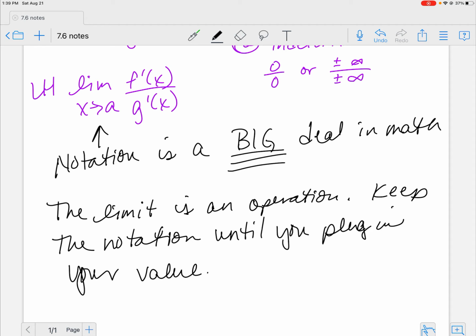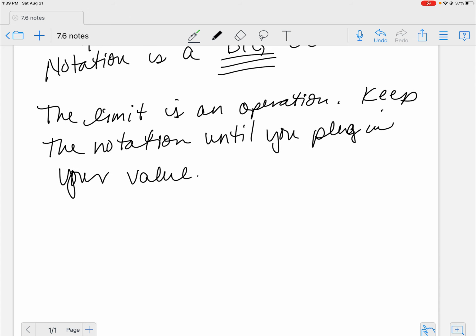But up until then, you keep that notation. You just simplify your rational expression, or you do L'Hopital or whatever it is, keeping the limit notation. Once you plug that value in, that is when you lose the limit notation, because then you are actually performing that operation, and that's the whole point of this.